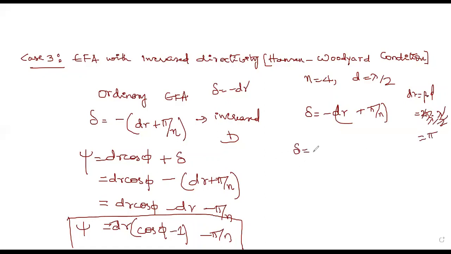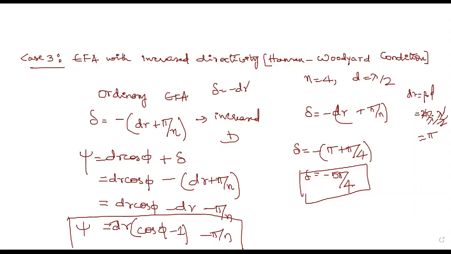Substituting it here, delta is equal to minus pi plus pi by 4. The n value is 4, so you get delta value as minus pi by 4. So considering this equation, we can say that there is a phase change of pi by 4 happening, and it changes when you consider some other n value or some other d value.